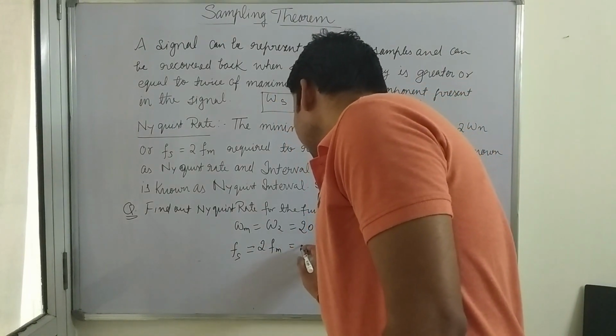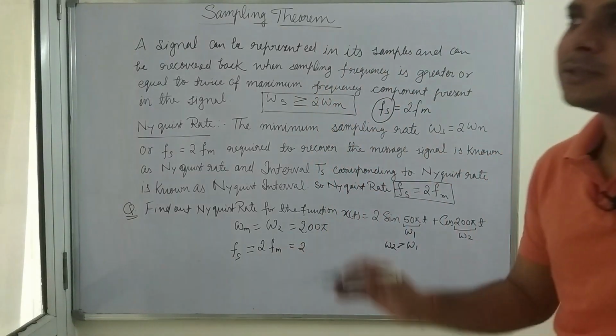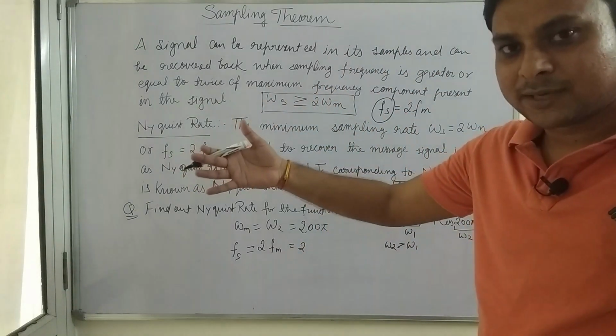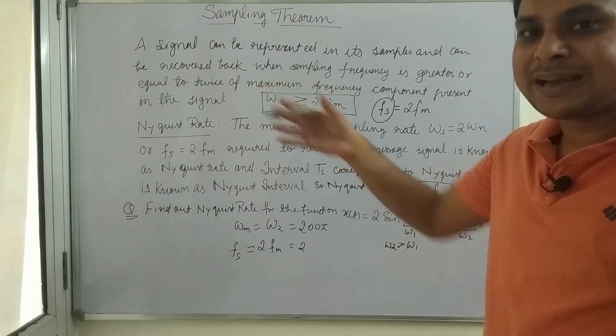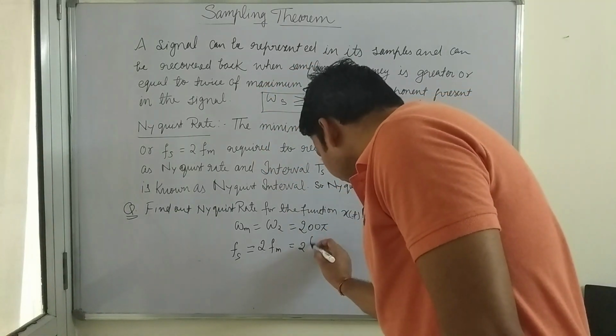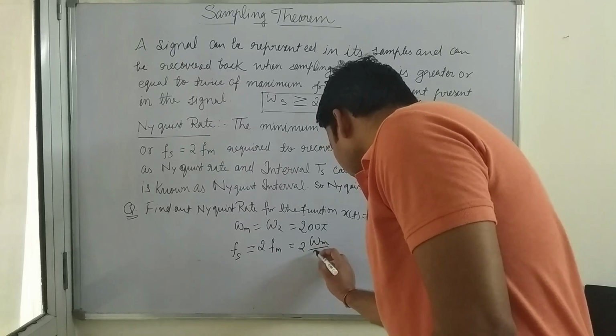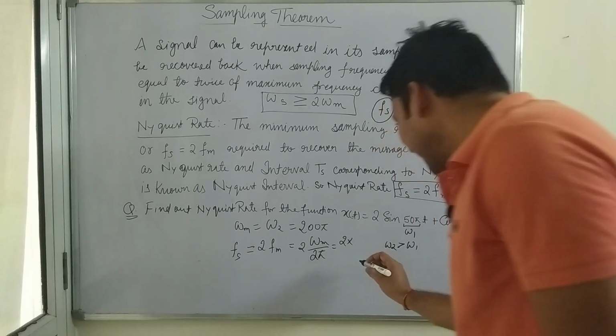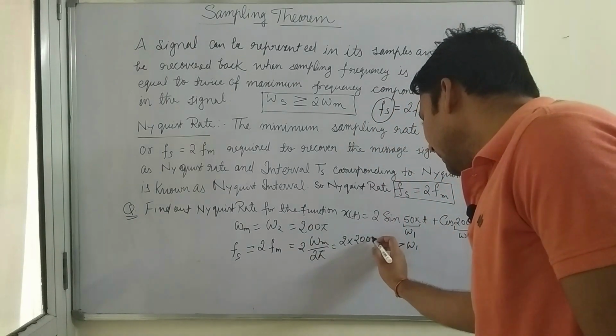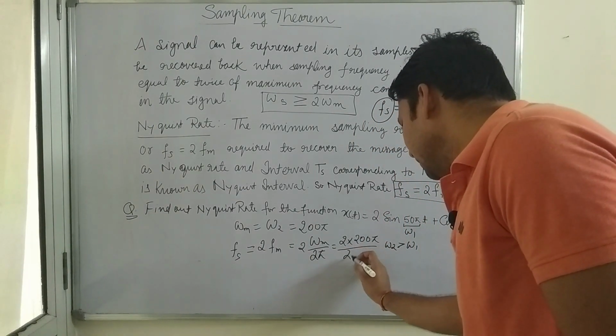Basically, omega equals 2 pi f, so f will be omega upon 2 pi. So it will be omega m upon 2 pi. Got it? And 2 into omega m, the value of omega m is 200 pi, divided by 2 pi.